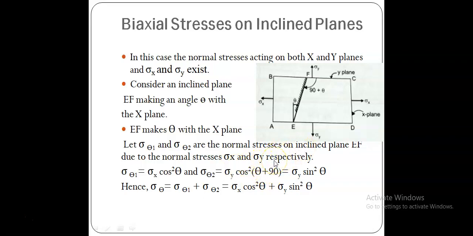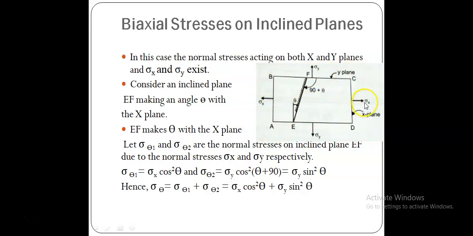As per the principle of superposition, we split into two separate systems. In one, we ignore the stress acting on the y plane, so there is only uniaxial stress sigma x.